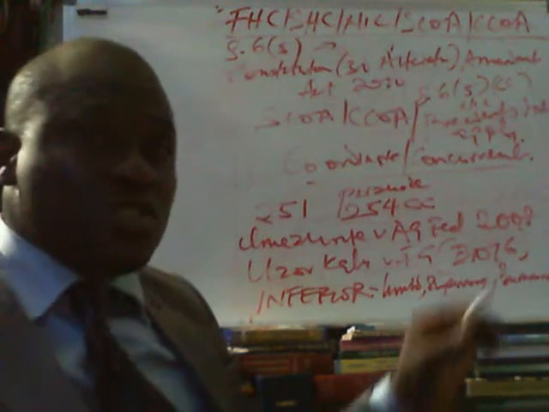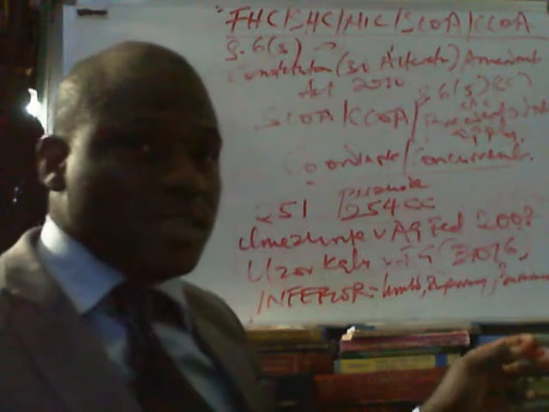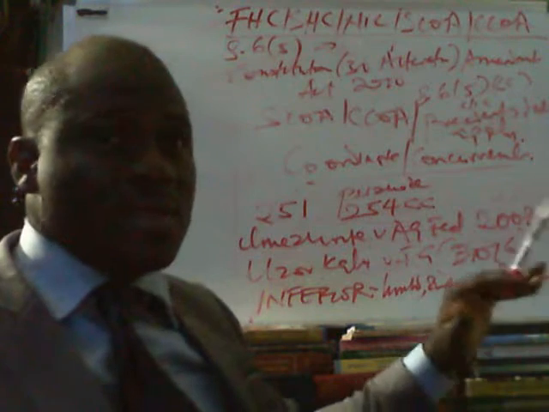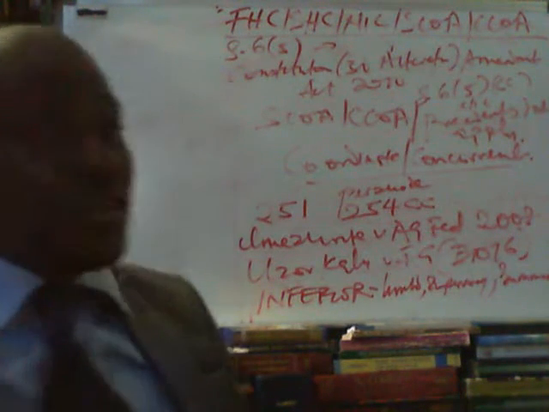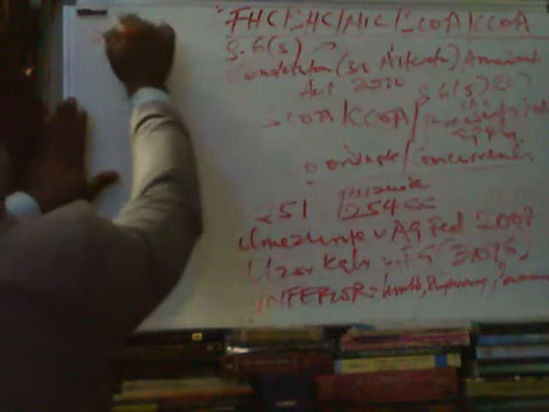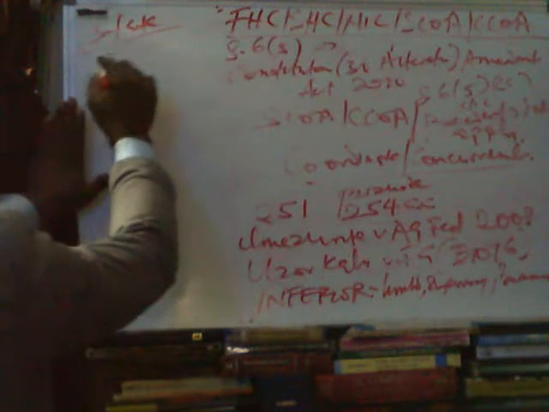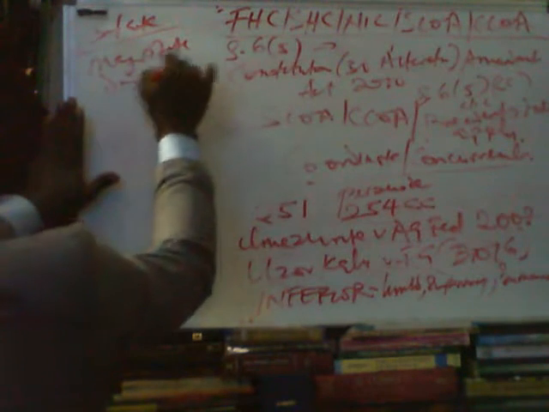You know that the Constitution divides legislative powers into the exclusive legislative list that deals with purely federal matters, and then the concurrent list that deals with matters that the state and the federal government both handle. So if the matter that comes before the state high court is purely a state matter, then the decision of the state high court will only bind magistrate courts, district courts and customary courts within that state.